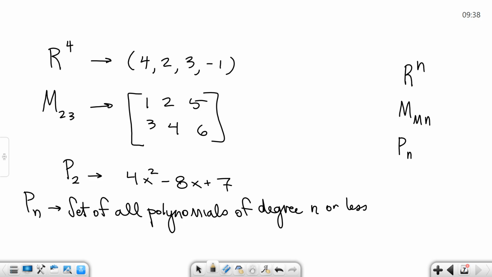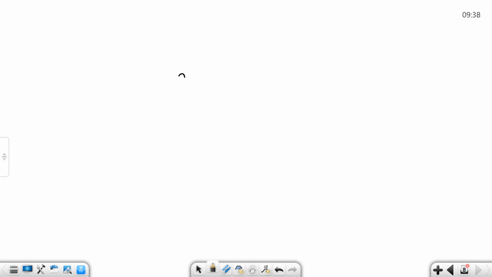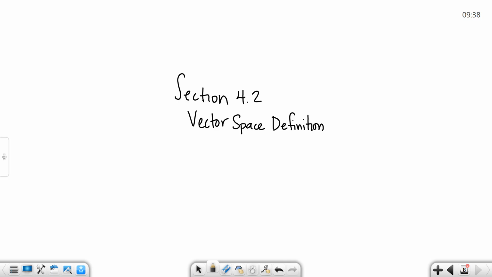On the back, we start with section 4.2. The very first thing in 4.2 is the definition of vector space, which I've given you earlier. So that's important. A vector space consists of 4 entities. Okay, so you had your vector space definition, first of all, and then you have this little fact: a vector space consists of 4 entities.